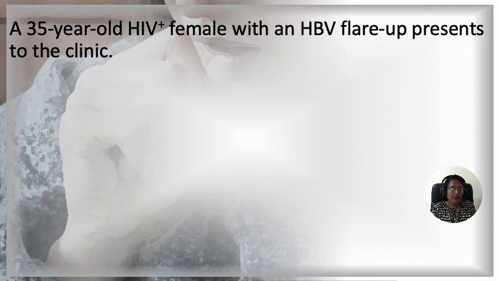I want us to look at a case to think about while we discuss each of these classes of drugs. We have a 35-year-old HIV positive female with a hepatitis flare-up who presents to the clinic. Now sometimes a co-infection is what brings the patient back to the hospital.